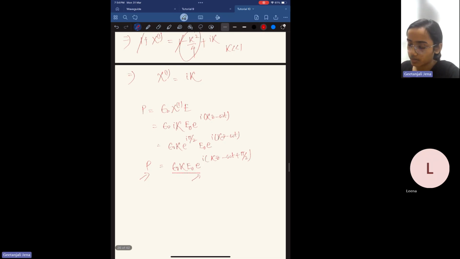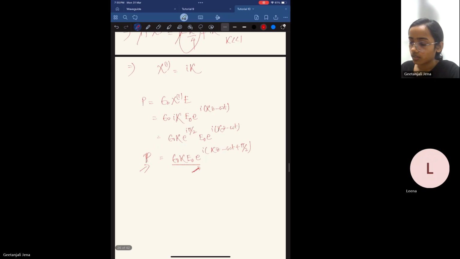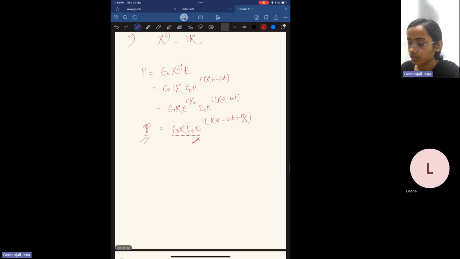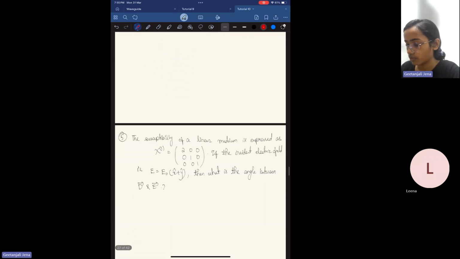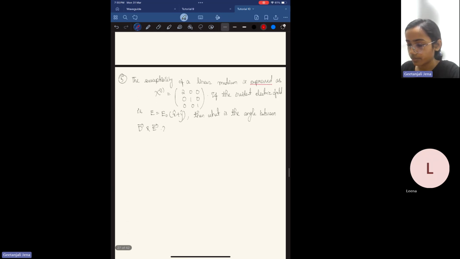Okay, so this one is more conceptual, because if you know the relation between refractive index and the susceptibility, then you can easily find out the total expression. So is there any doubt? Otherwise, we'll move to question number 5.